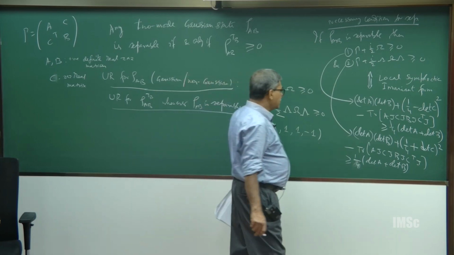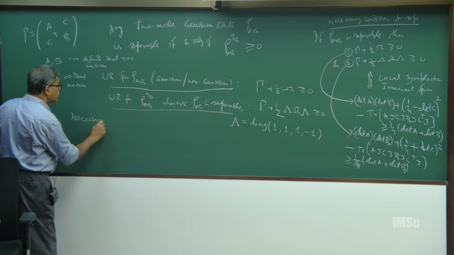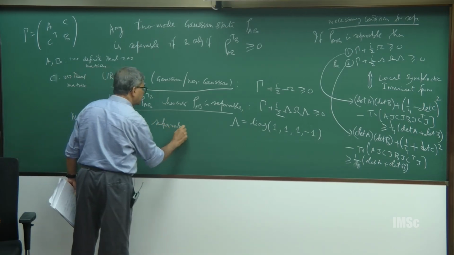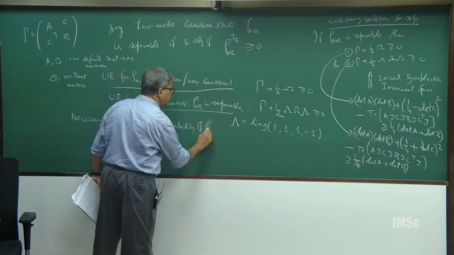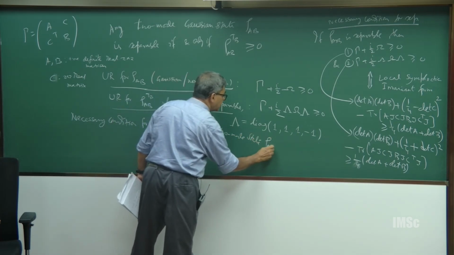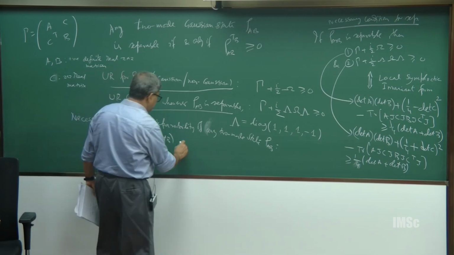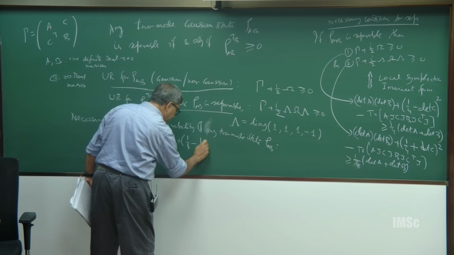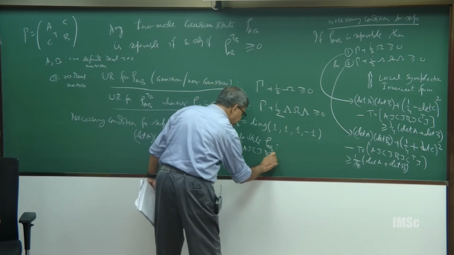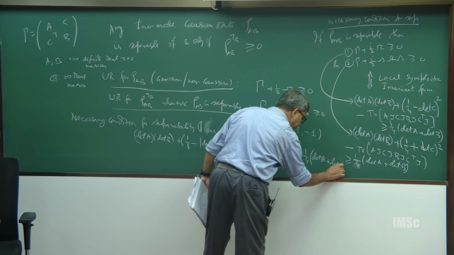Okay. So, therefore, the necessary condition for separability of rho AB of any two mode state is this one: determinant of A times determinant of B, then plus 1 by 4 minus magnitude of determinant of C whole square minus trace of A J, C J, B J, C transpose J greater than or equal to 1 by 4 determinant of A plus determinant of B, right.